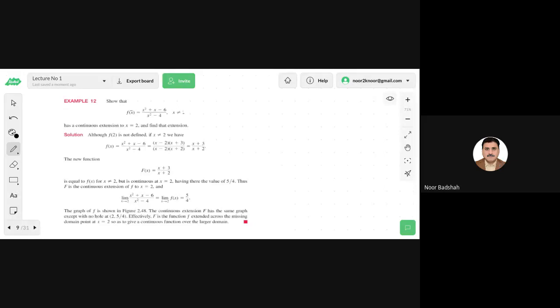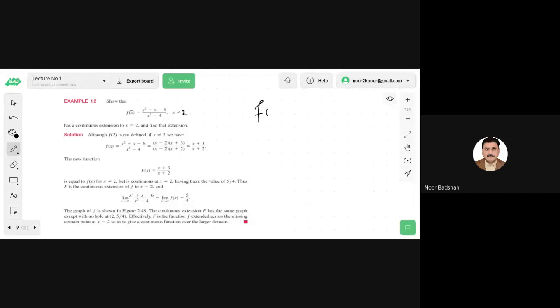This is x is not equal to 2. So it says show that this function has a continuous extension at x equal to 2. And find that extension. When you are asked show that a function has a continuous extension, it means that function must have a removable discontinuity. We see the function is defined for x is not equal to 2, but it is not defined for x is equal to 2.